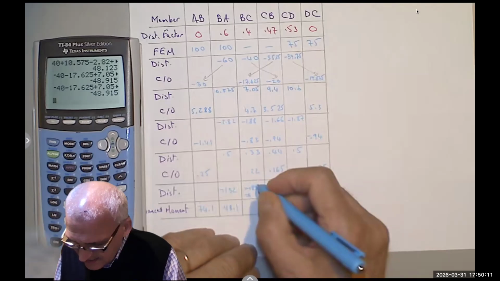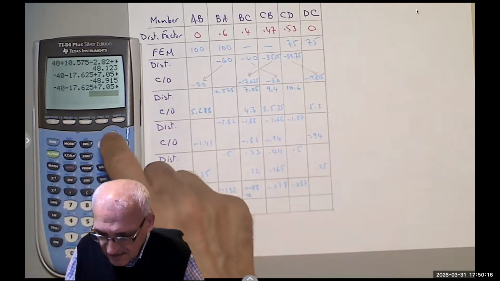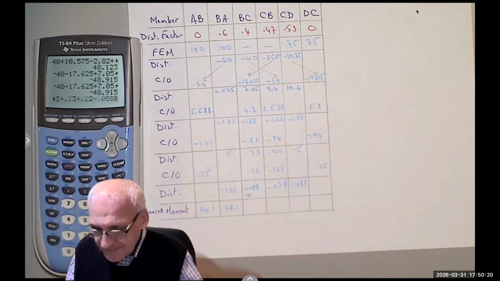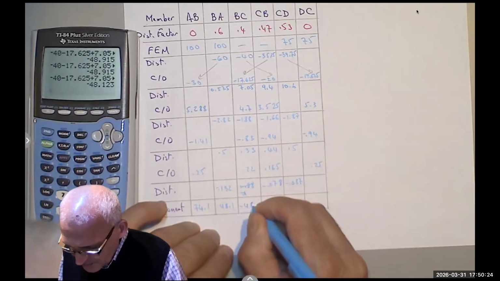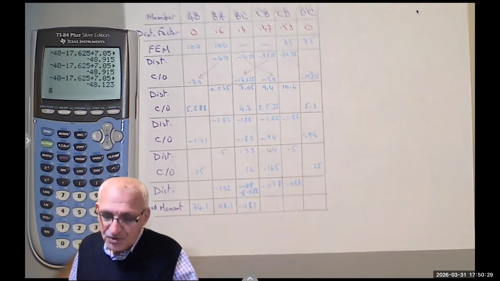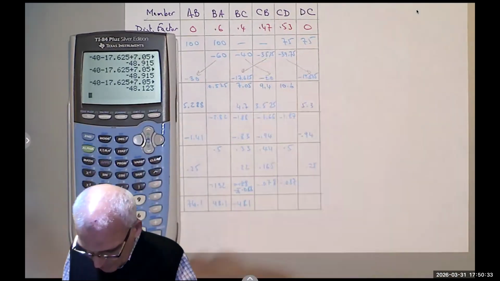As I said, this is 0.088. 48.123, so negative 48.1. That's why I prefer, as I said, to check. Sorry, guys, should be more careful.